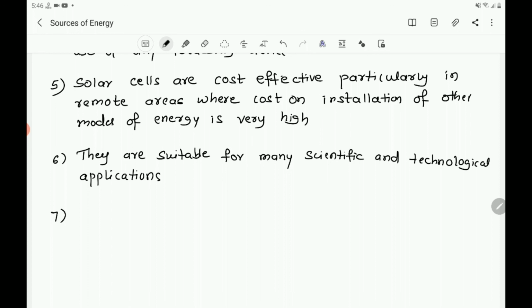They are also suitable for artificial satellites and spacecrafts.